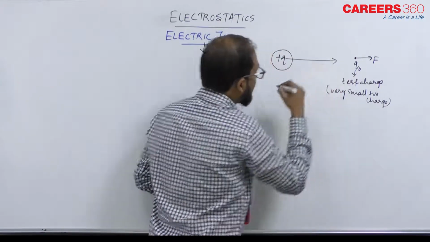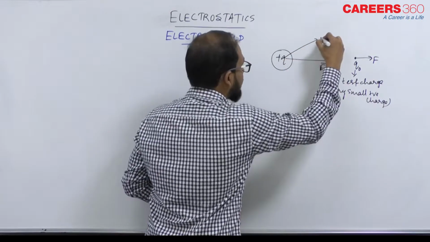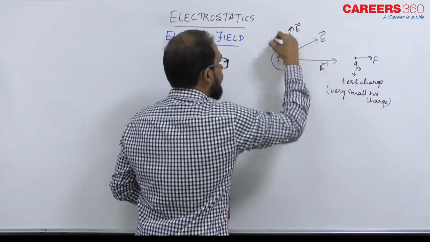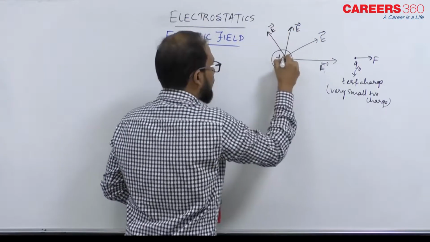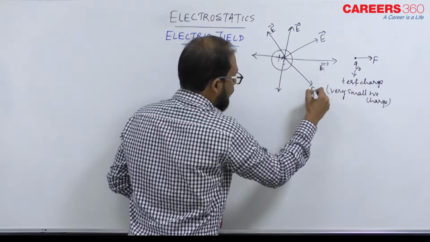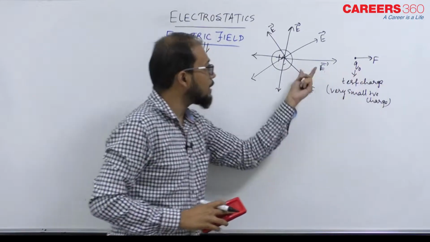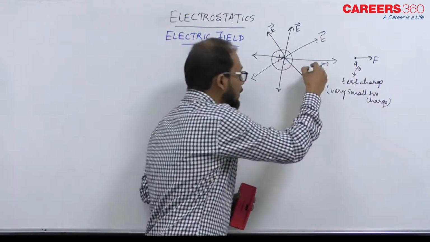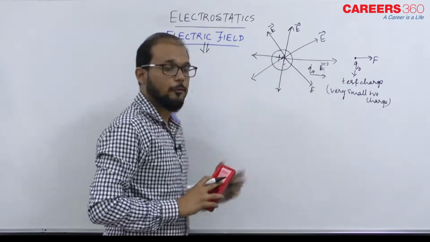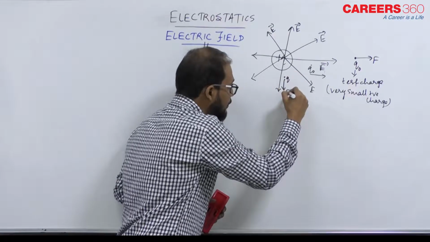Suppose here, this is the electric field due to this plus q charge, like this. And if we bring this q0 charge in this region of the electric field here, then it will experience a force in this direction, that will be a repulsive force. Similarly, if we bring a q0 charge here, then it will also experience an electric force in this direction.